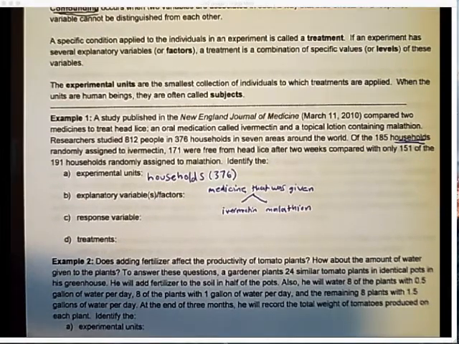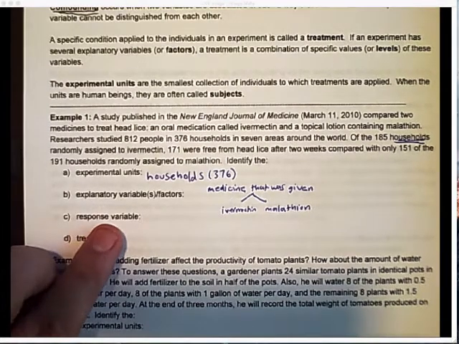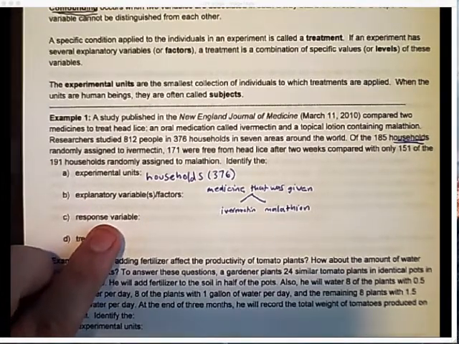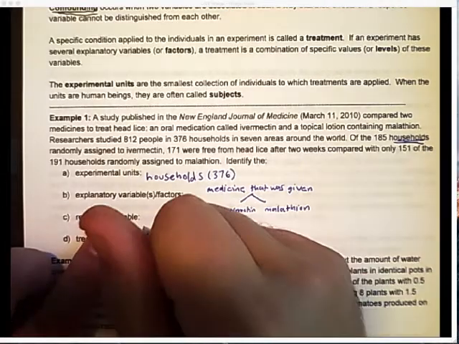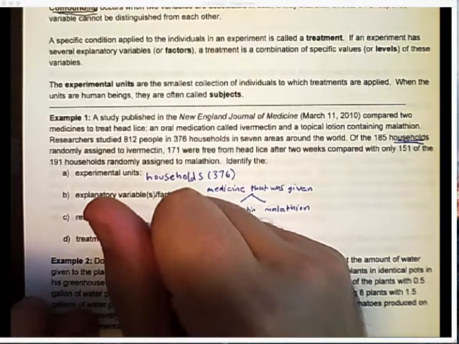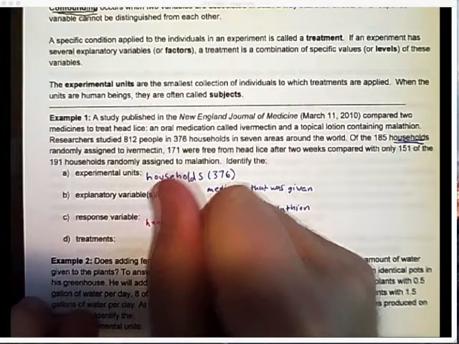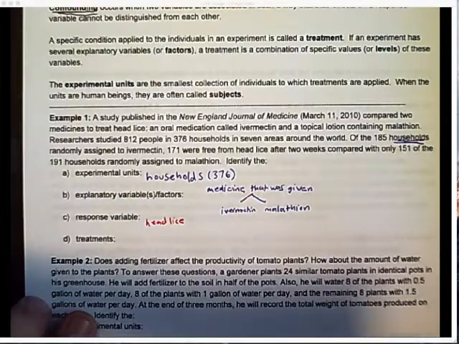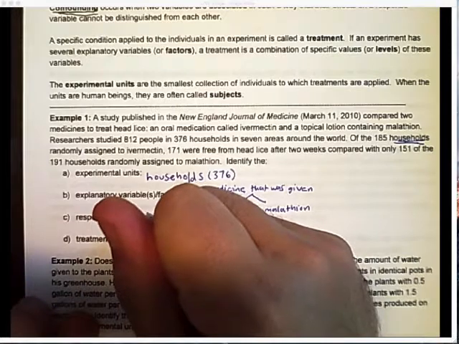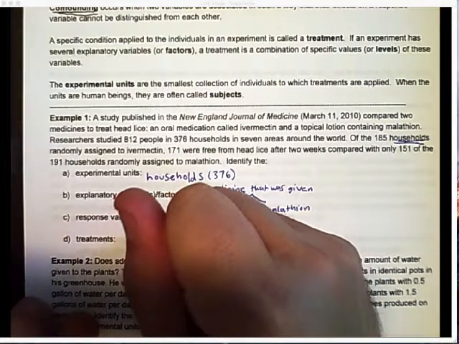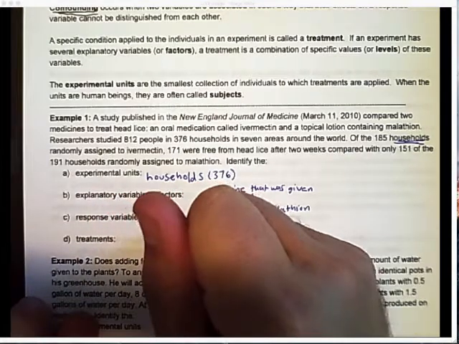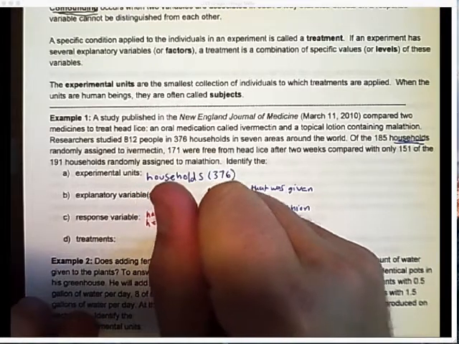What are we measuring? The response variable is what we're measuring. What we're measuring is head lice, so the response variable is having or not having head lice.